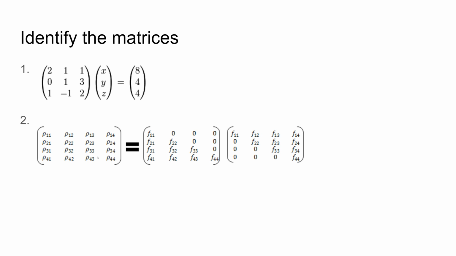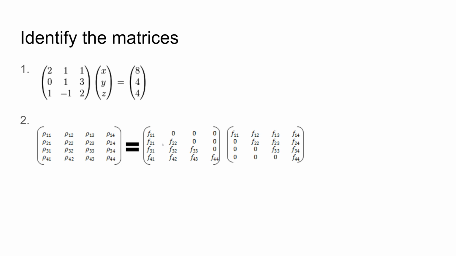Now, for our second problem, this is a little more complicated, but essentially what we need to look at is, since these are all variables, we need to look at which matrix is being multiplied by each other to get this other matrix.